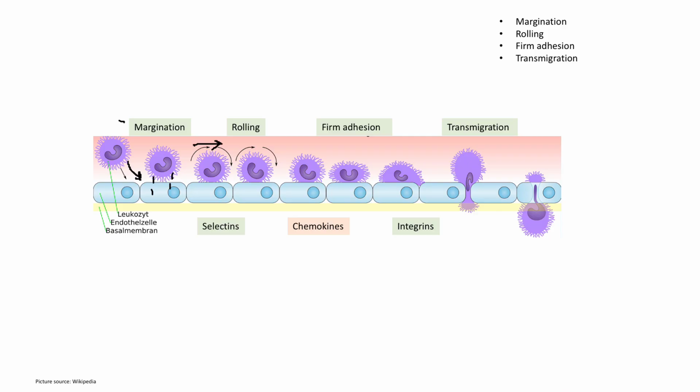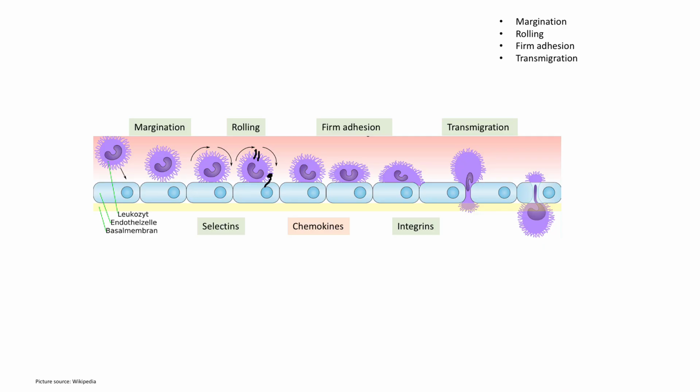Neutrophils can move with blood flow, and they detach from one point and attach to another point. This process is called rolling. Neutrophils at some point then come across chemokines. Chemokines are present on the endothelial surface. Neutrophils also have another type of adhesion molecules on their surface called integrins.